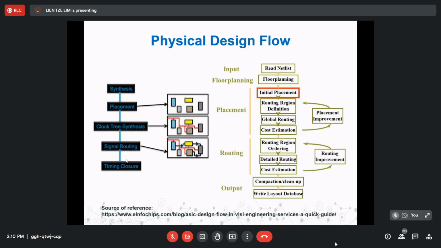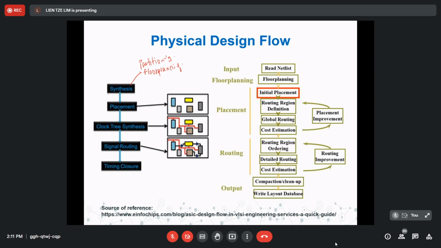This slide is for you to revise the processes in physical design. This one is similar to the one that I showed you just now, except that this synthesis replaces the partitioning and the floor planning.